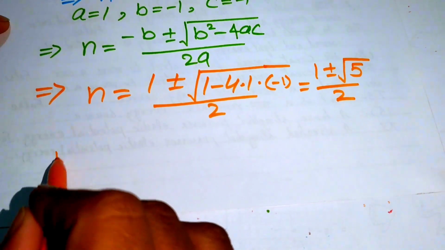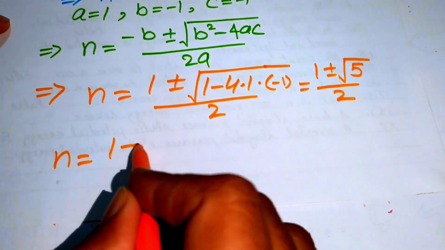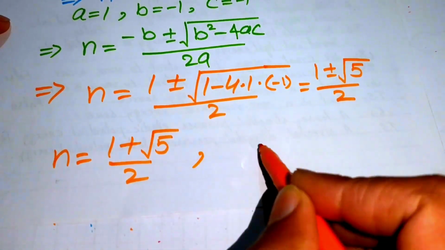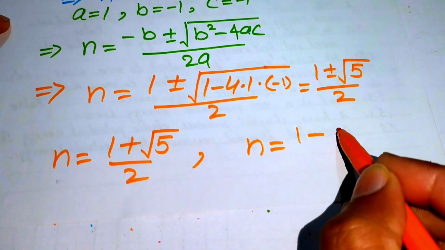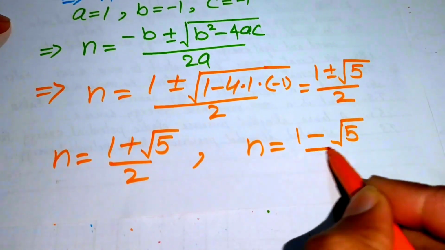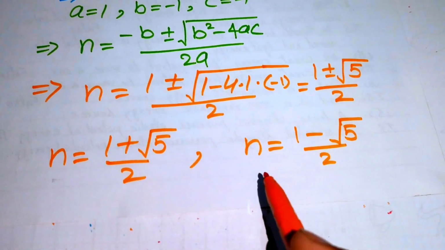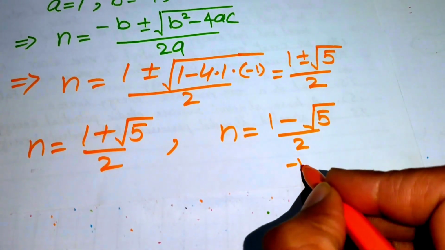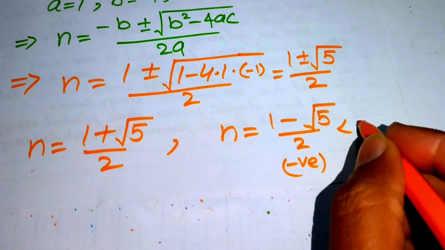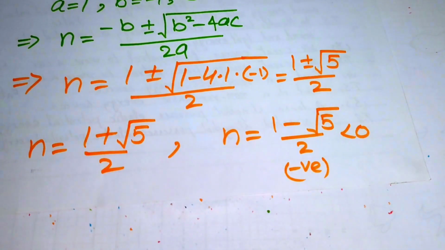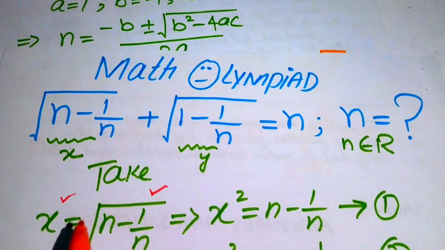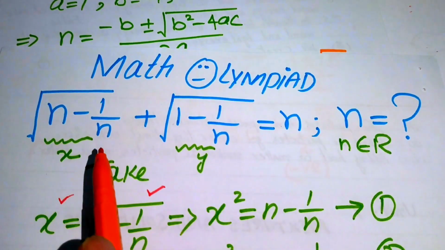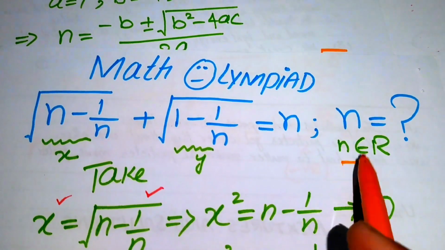So here we have two cases. Our n is (1 + √5)/2, and n equals (1 - √5)/2. The first is the golden ratio, and the second expression tells us that it is a negative value, less than 0. But if you see in the question statement, n-1 over n lies under the square root, so we need to find real values of n.